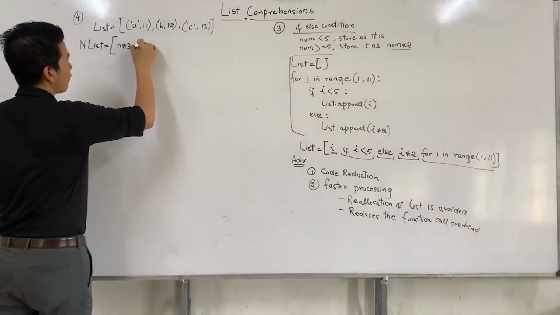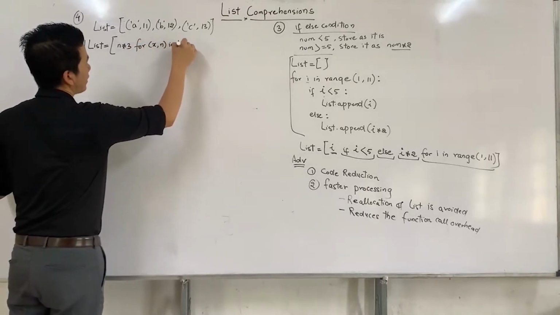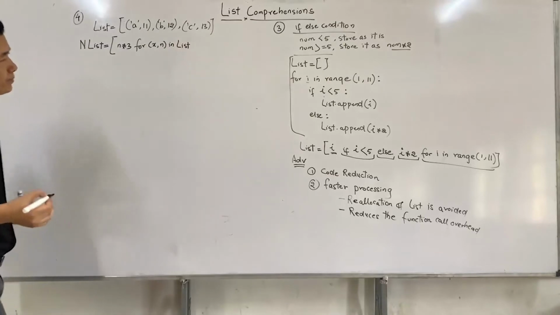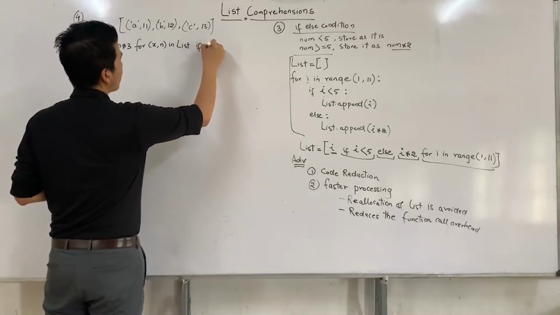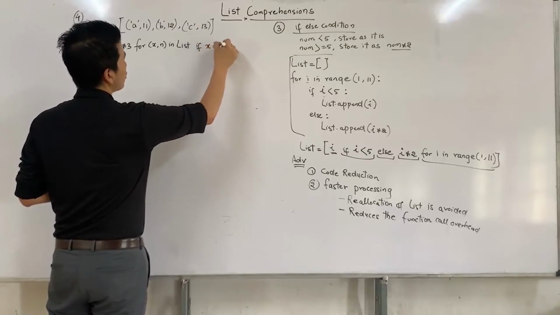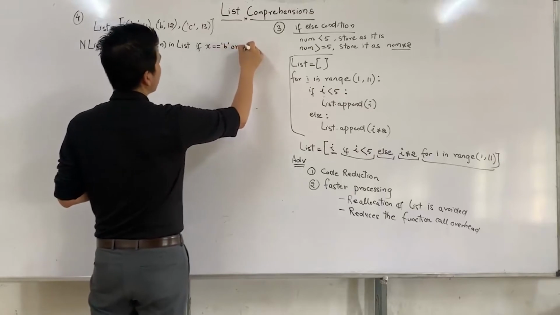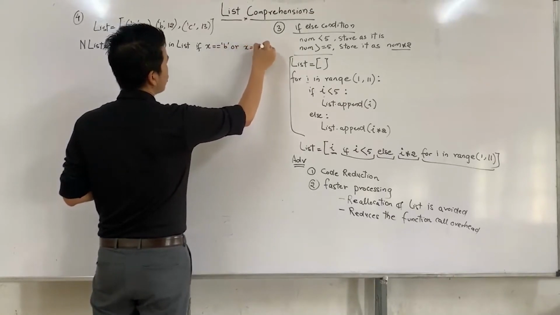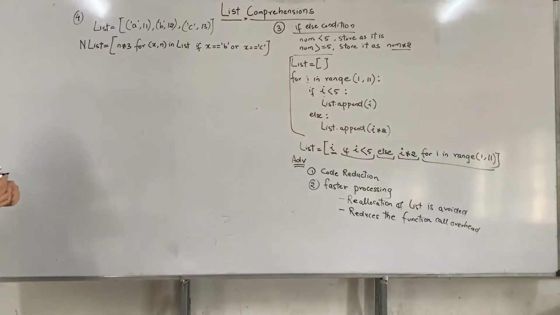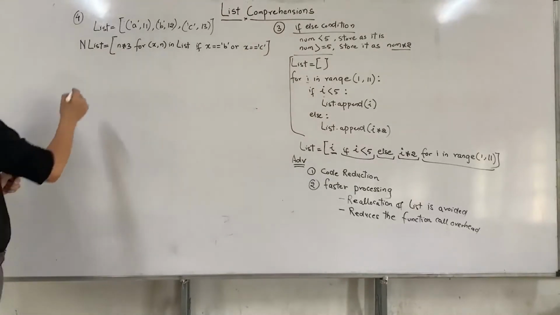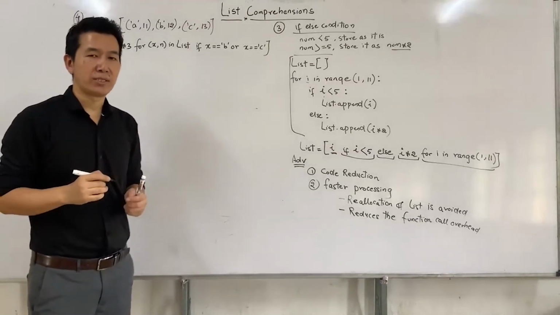And then for x, n in list, and then if the value of x is equal to b or the value of x is equal to c. So this is supposed to be a question. Now let's say if I print the value of n list, what will be the result?